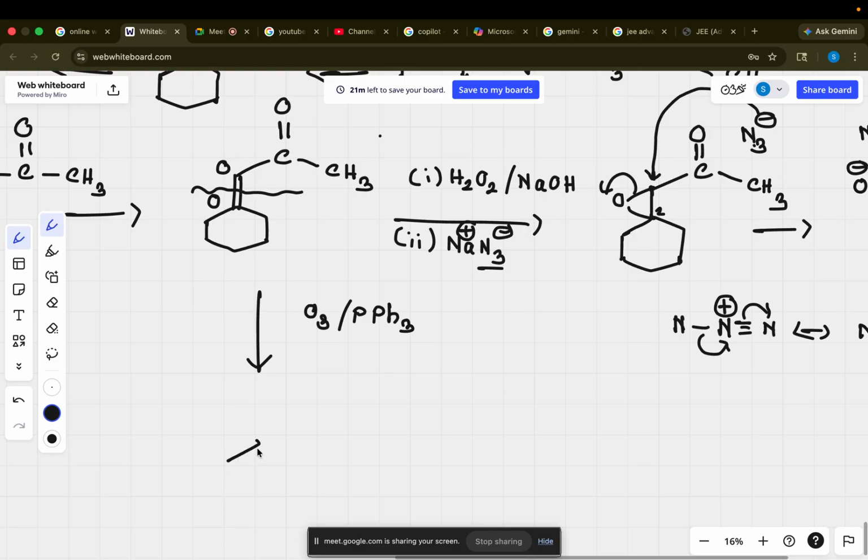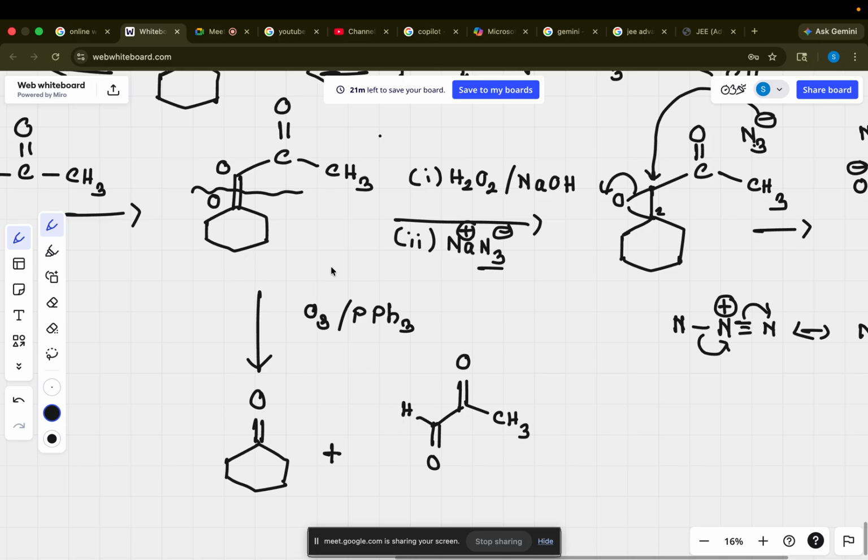If I break the double bond, here I am getting double bond O, which is your cyclohexanone, and here I am getting double bond O, CH3. And on the other carbon, attaching double bond O, nothing else is there, so hydrogen is there. That will be the product.